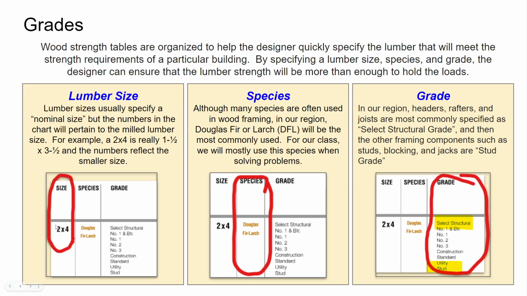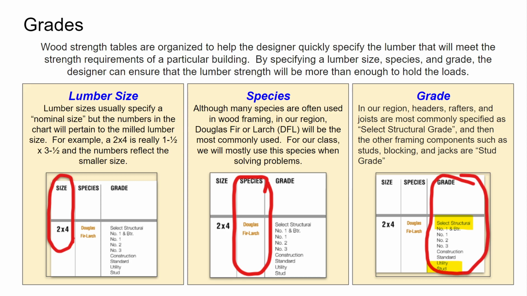So we call out nominal sizes, but when we do our computations, we know that they're really a little smaller. So a 2x4 is really 1.5 by 3.5. Okay, so we have to know the size. And we're going to mostly deal with 2x4s. A 2x6 is similar enough that if it worked for a 2x4, it would most likely work for a 2x6.